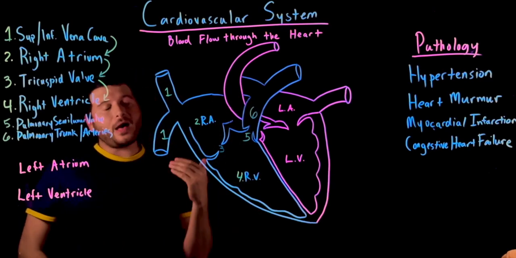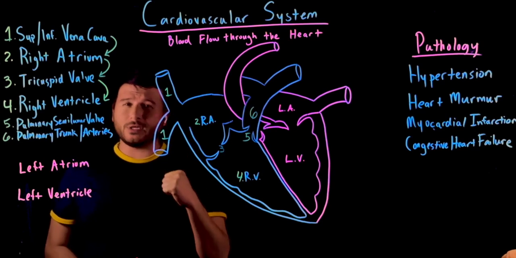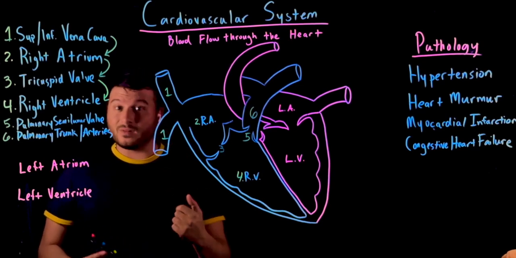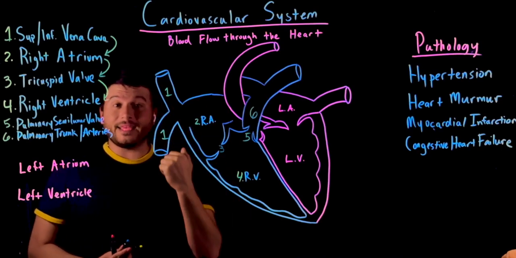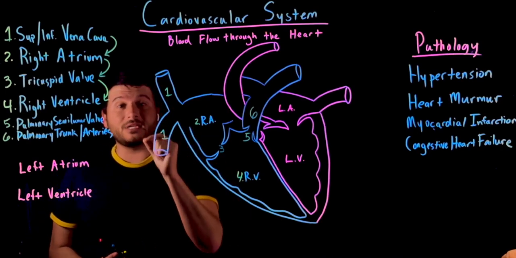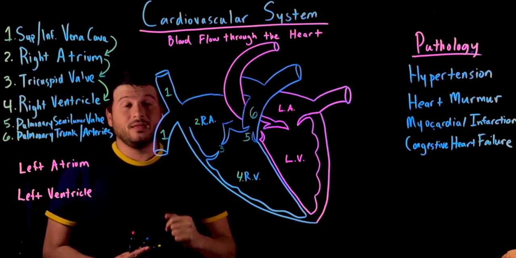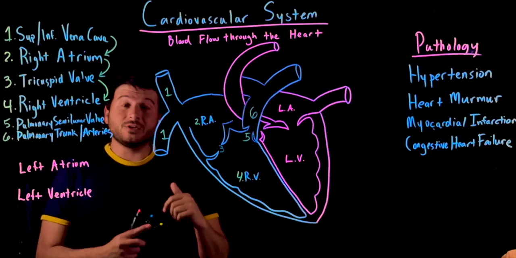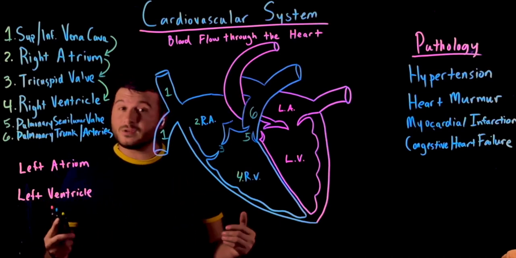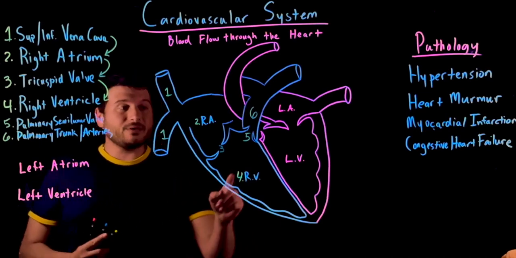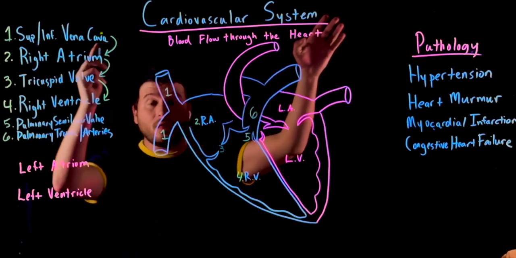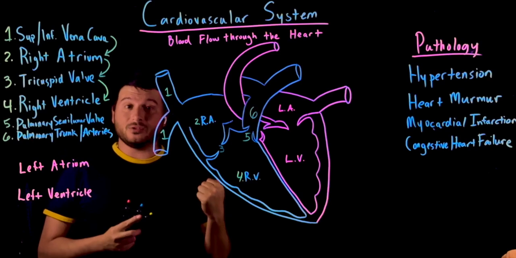Now let's take a step back. Why are we delivering blood to the lungs? Well, what do the lungs do? They breathe in air, and a certain percentage of that air has oxygen that we need, right? Because oxygen is what we use to create energy inside of all of our cells. So we are sending blood to the pulmonary arteries, then to the lungs to pick up oxygen.